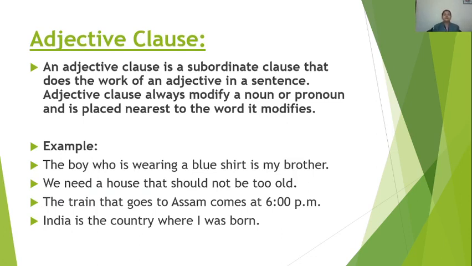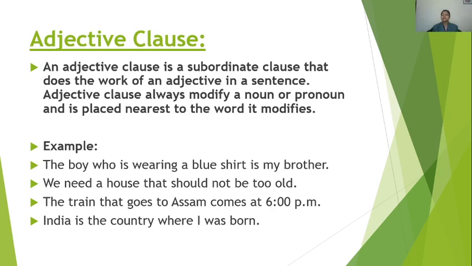As I told you, what is an adjective clause? An adjective clause is a subordinate clause that does the work of an adjective in a sentence. Means as an adjective modifies a noun or pronoun, in the same way an adjective clause also modifies a noun or pronoun only.